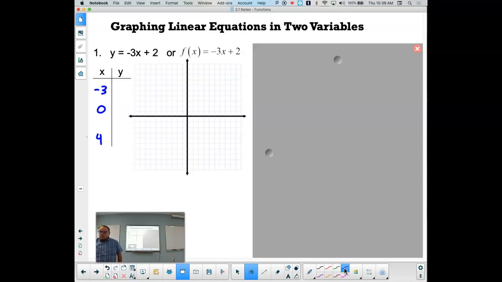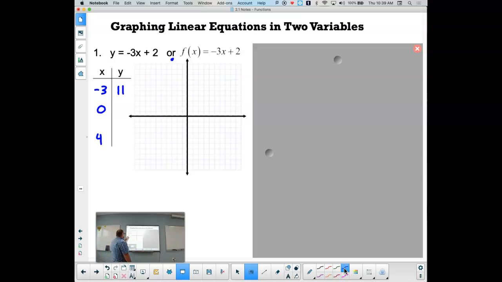Now I'm going to plug those numbers individually in. -3 times -3 is +9. +9 plus 2 is 11. So the point -3, 11 is on my graph. 1, 2, 3, 4, 5, 6, 7, 8, 9, 10, 11.